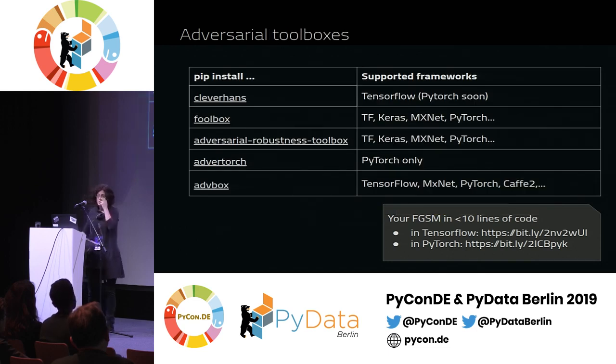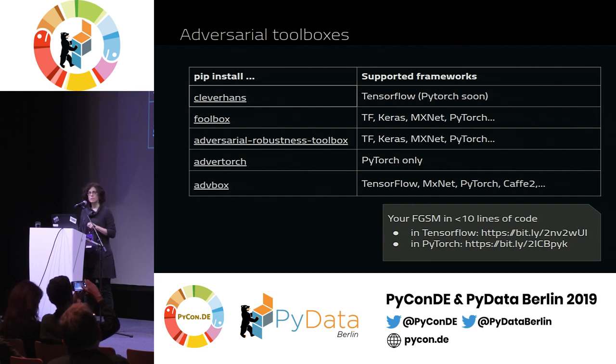Now, if you're interested in playing with it yourself, I'm leaving here a list of tools that are actually extremely handy. They're all Python-based. And there's also a ton of Colabs out there if you want to play around with it. Some of them are framework specific, but in any case, they're easy to get and they're fairly intuitive.